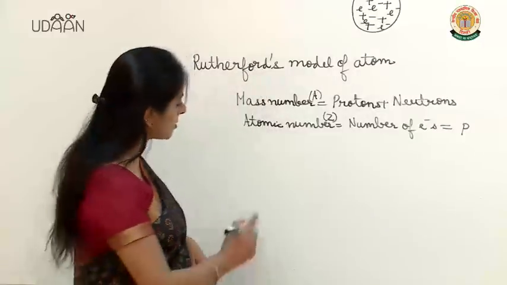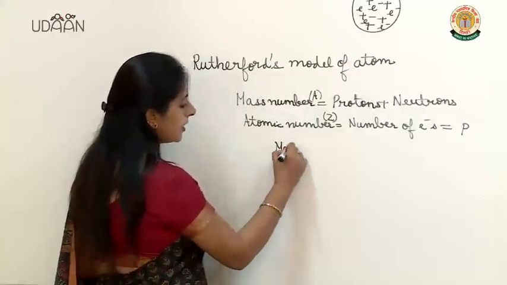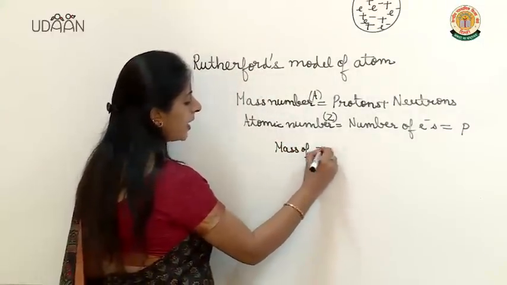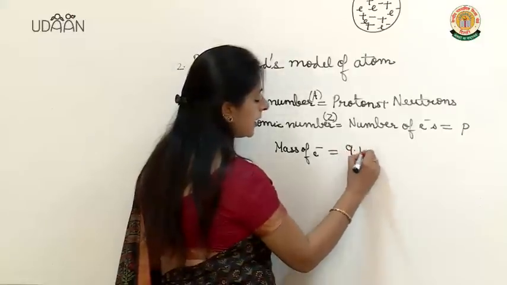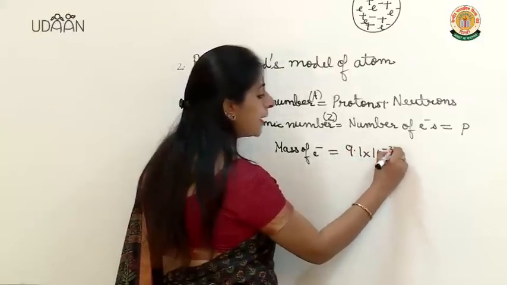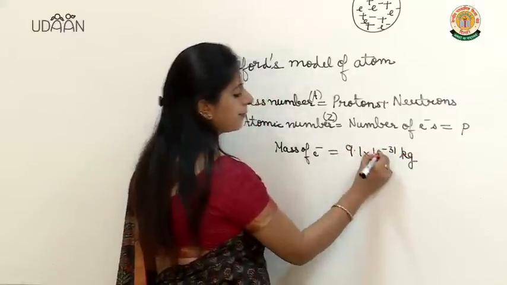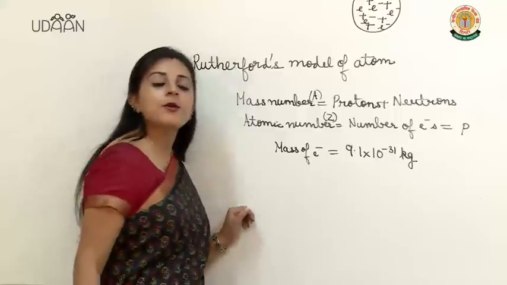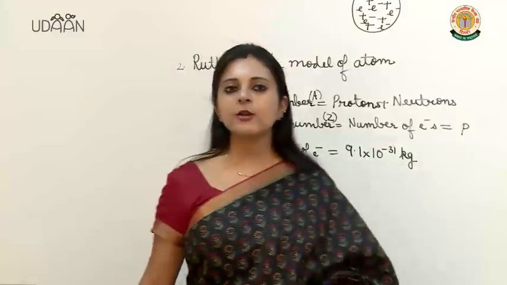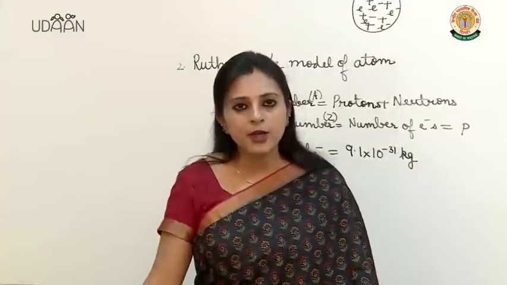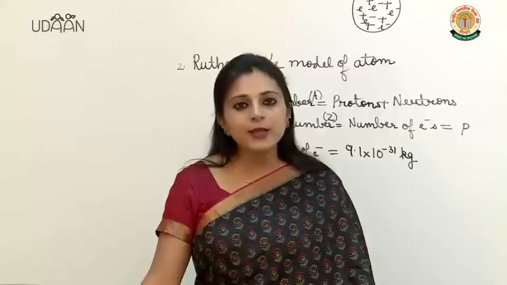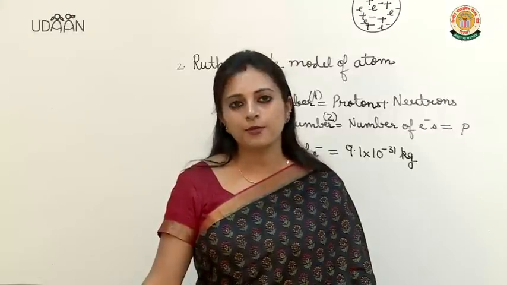What is the mass of electron? Mass of electron is 9.1 into 10 to the power minus 31 kg. So now what was the limitation of Rutherford's model of atom? That it could not explain the stability of atom.